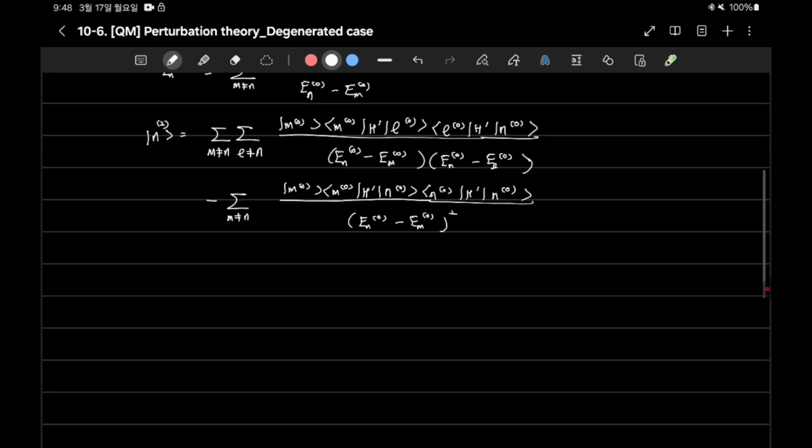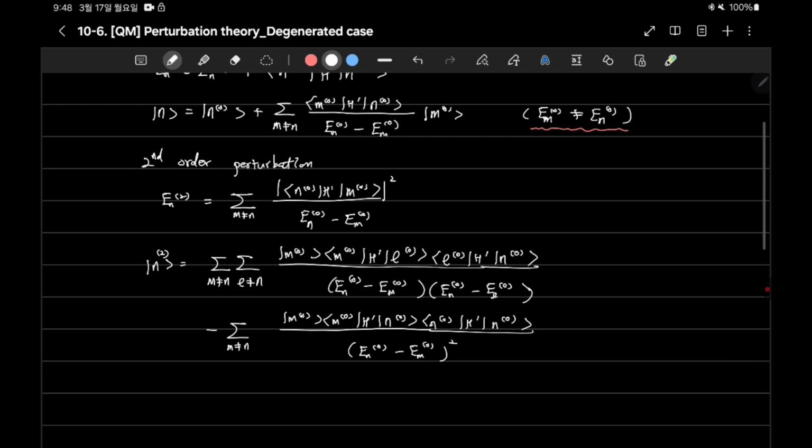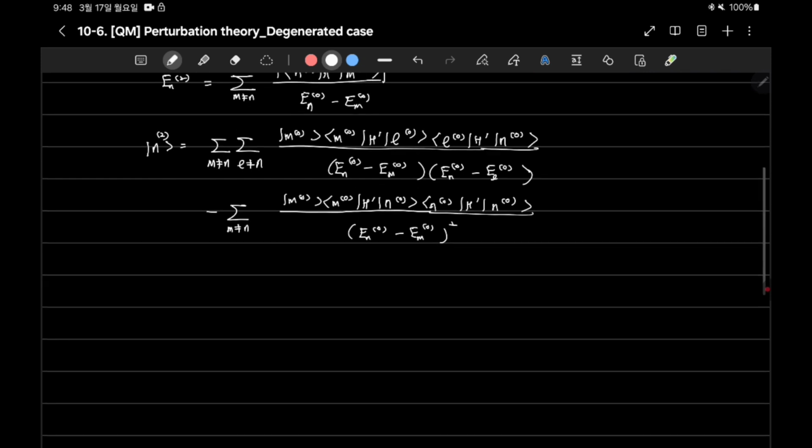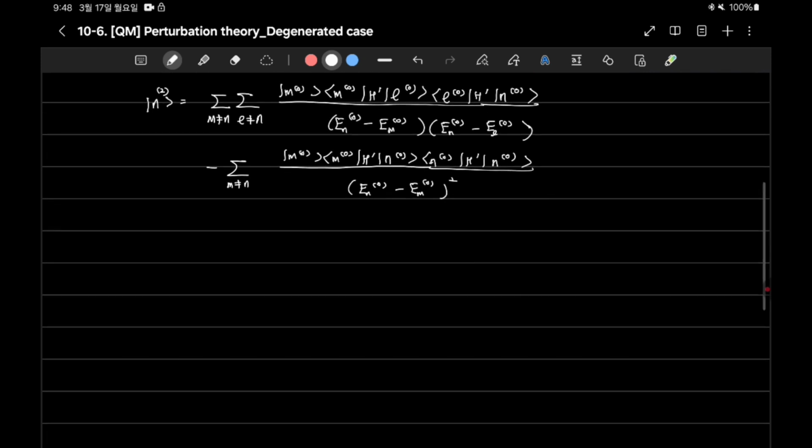For example, if En and Em are equal to each other, then the denominator becomes zero, so it becomes infinity. So it is not reasonable.